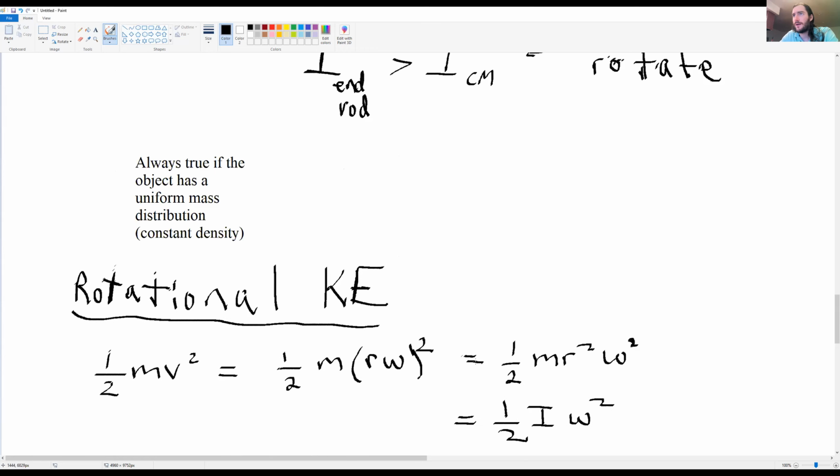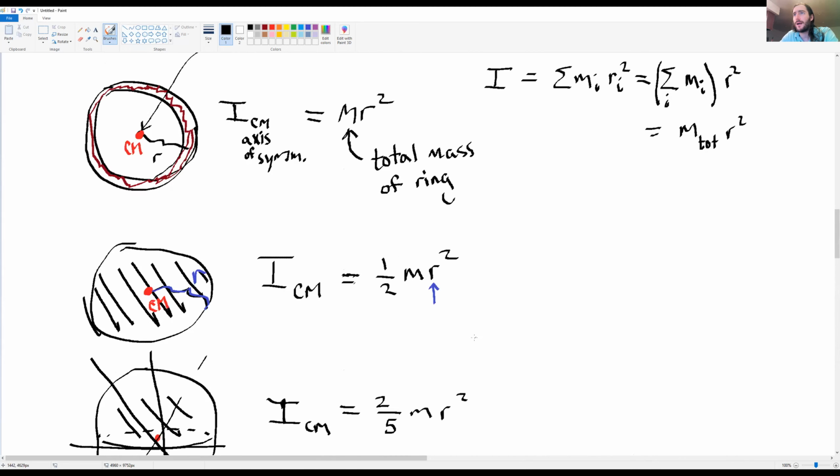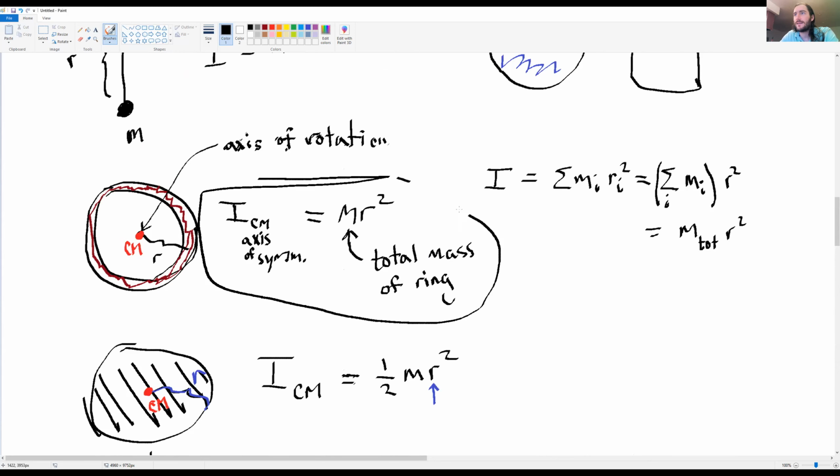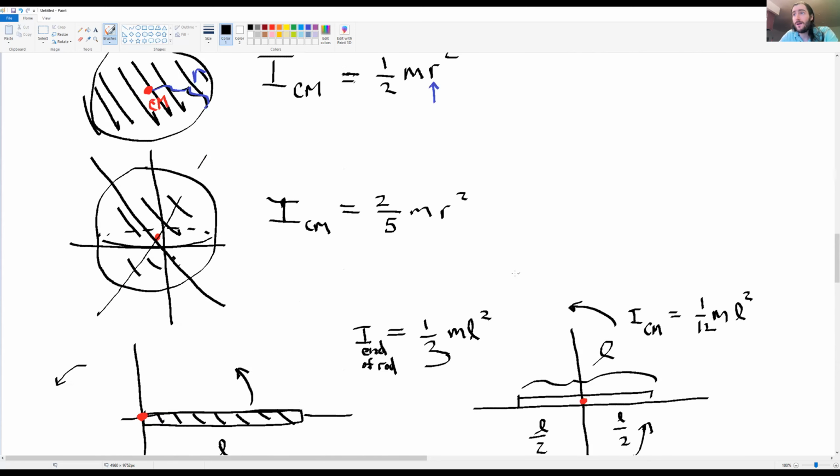And let me see, did I use the right formula there? I can't remember. So I come back up here, I scroll up. Where is a ring? And yes, I did use the correct formula. A ring has a moment of inertia mr squared.